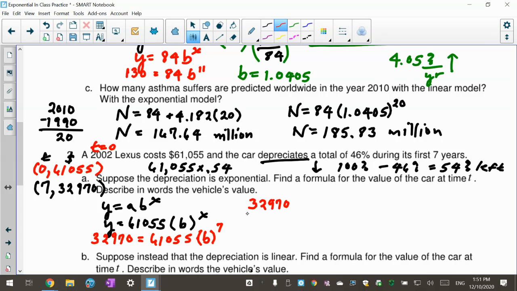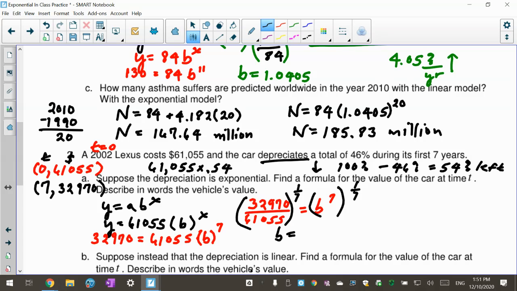So I'm going to divide. I want 32,970 divided by the 61,055, sorry, I was saying it wrong. I'm going to divide by this, and that is going to equal b to the seventh. And then I'm going to raise both sides to the 1/7. This is the easier way to do it if they give you the initial value.